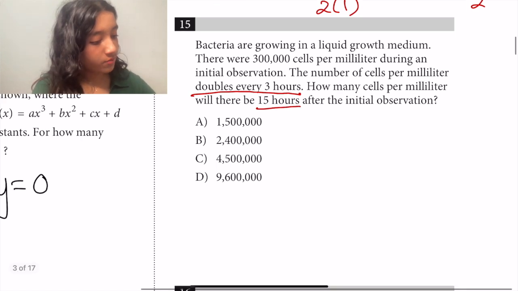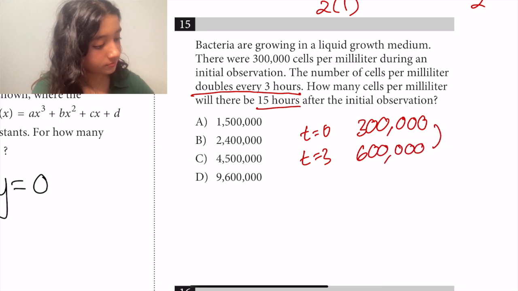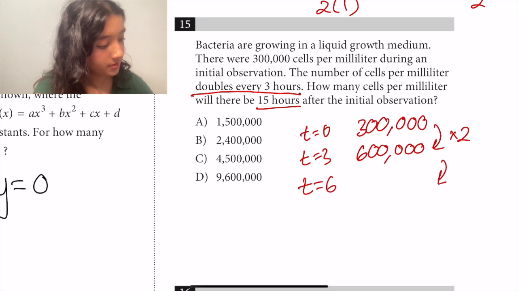So if we start out at t equals 0 hours with 300,000 cells, then at t equals 3, you'll multiply it by 2, and that'll get you 600,000. At t equals 6, you'll multiply by 2 again.